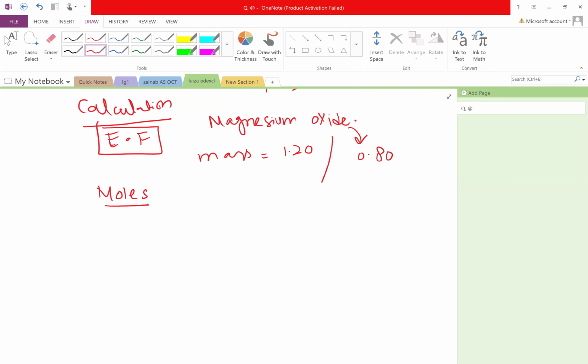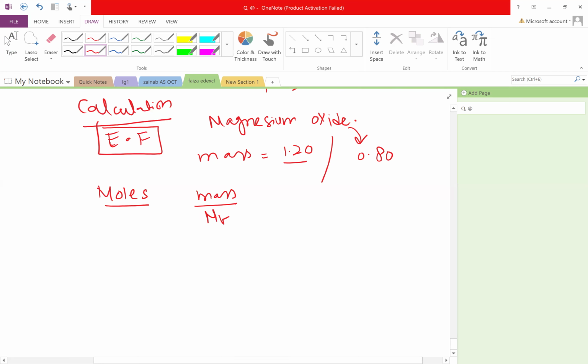Yes, Faiza, what is the formula for moles we are using? Moles is equal to the mass divided by molar mass. Very good. Excellent.